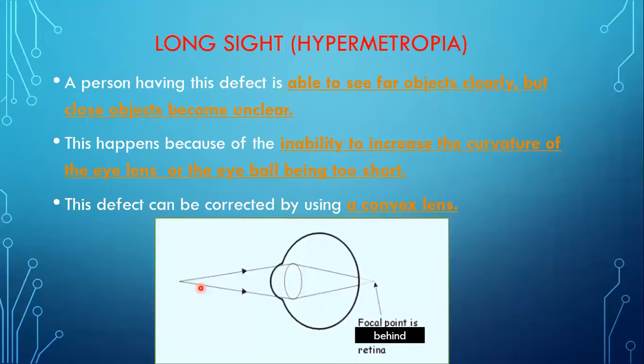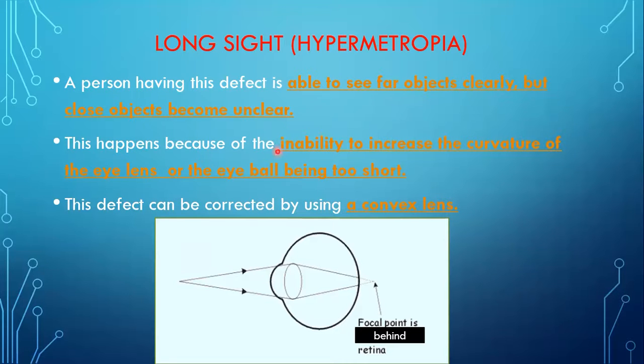Let's talk about long sight. A person having this defect is able to see far objects clearly, but close objects become unclear. So we can see far objects, that's why it's called long sight.